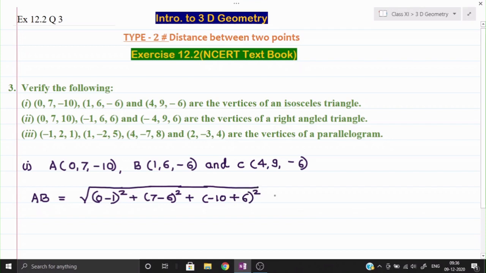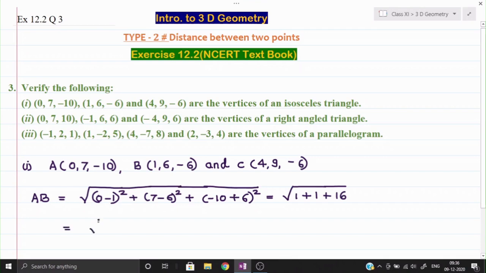Now we shall simplify further, so it can be written as under root of 0 minus 1, that is minus 1, so this will come 1, 7 minus 6 again 1, this is also 1, and here it will remain 4, so square of 4 will be equal to 16. So this will become under root of 18.